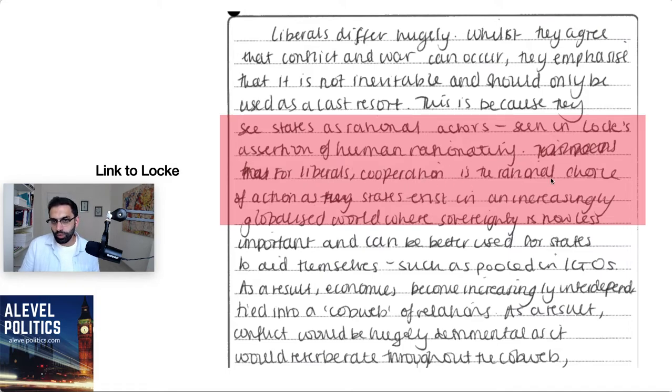For liberals, cooperation is the rational choice of action as states exist in an increasingly globalized world. So again, a link to Locke here. So you can see how you can easily do that. You don't have to overdo it. You don't have to over-quote Locke and Hobbes, but I think that makes sense. That's pretty cool, isn't it?